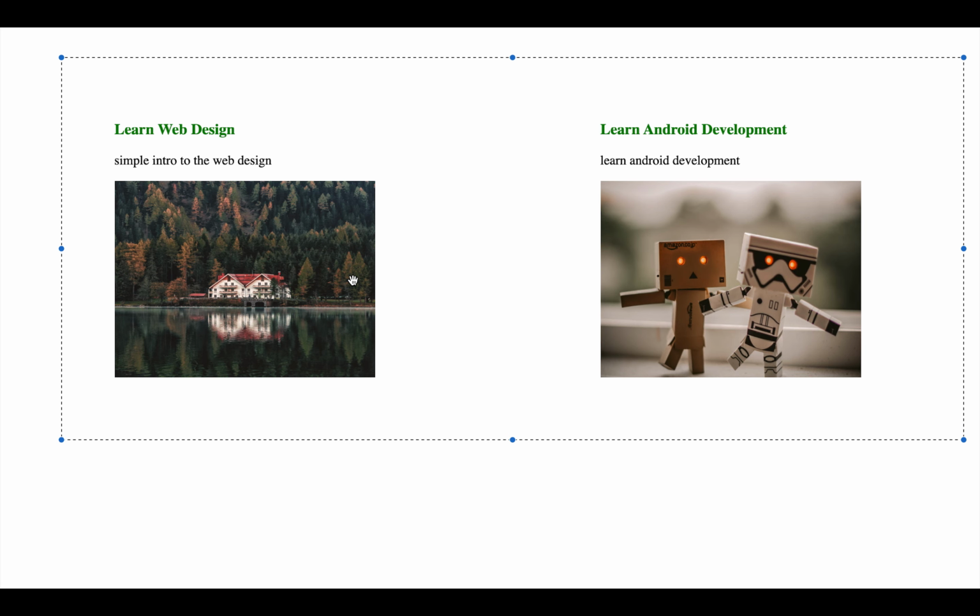So once again, when we have a situation where we want to put more than one HTML tag in one line, then in that case we have to use the flex property on their parent.